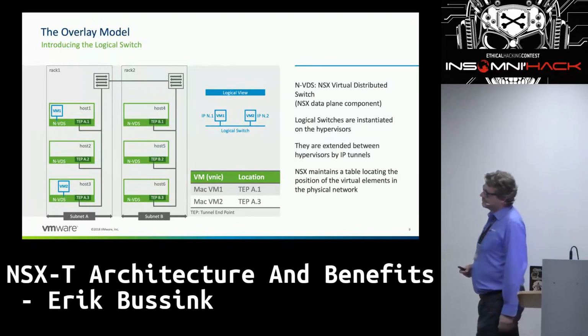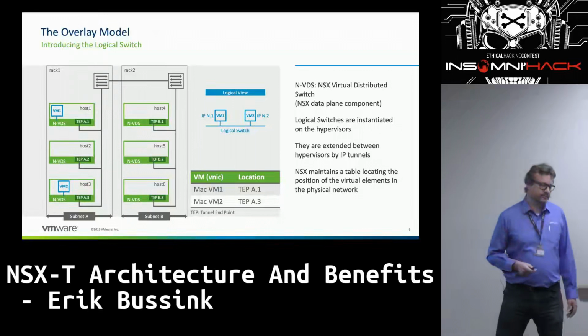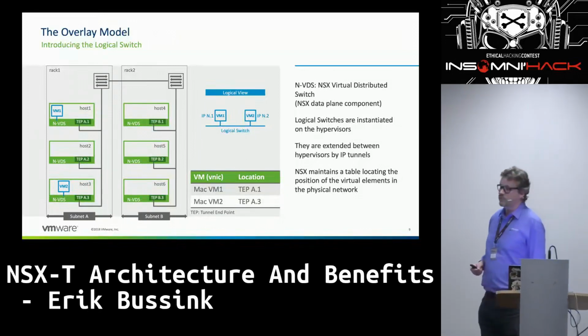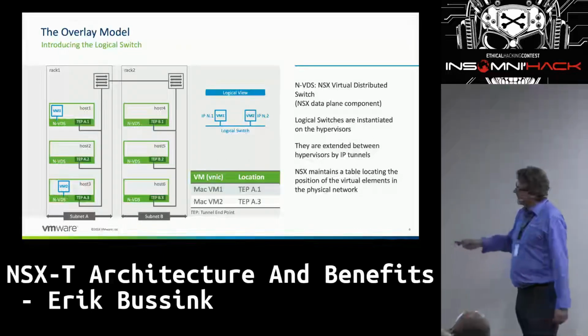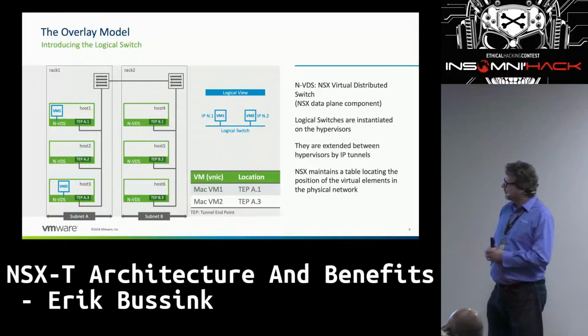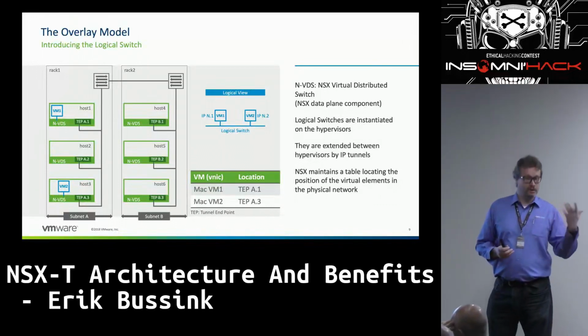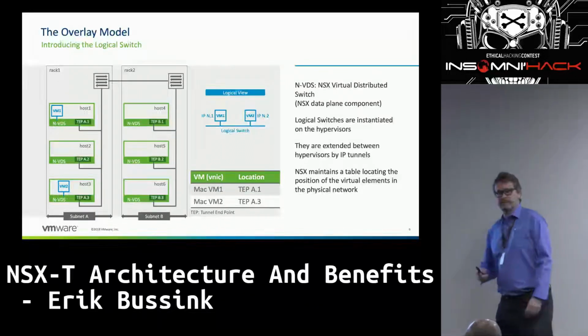And the communications between the hosts is going to be done via an IP tunnel. So what you see on the graphic here is actually TEPs, which are the tunnel endpoints on every host. And then our data plane, what we're going to have is keep track of which VM on which host, or the MAC address of that VM, corresponds to which tunnel endpoint.